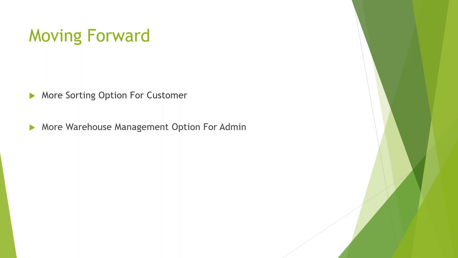I also will want more warehouse management options for the admin. For example, the admin will be able to update the item, add an item to the warehouse with the front end. And then I will also want to improve the web security and authorization.